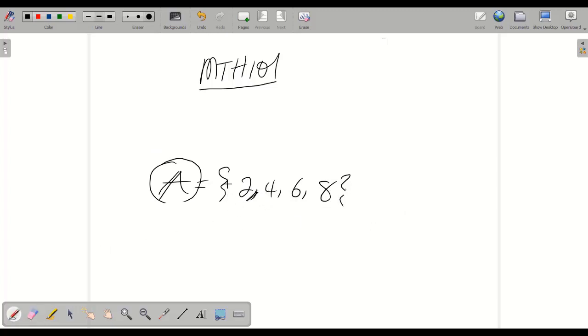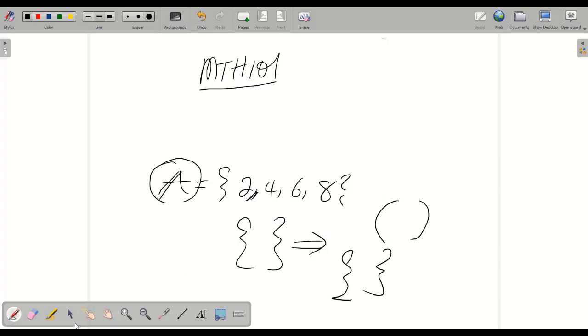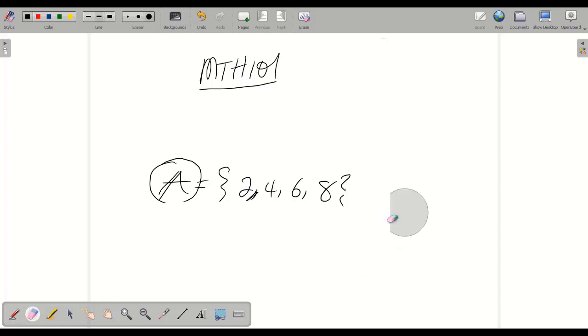The third one is a set is usually in a bracket. This is a bracket. You can call it braces. Some people call it curly brackets. You know, we have the other parentheses like this, brackets like this. Let me try and draw it right. It's something like this.